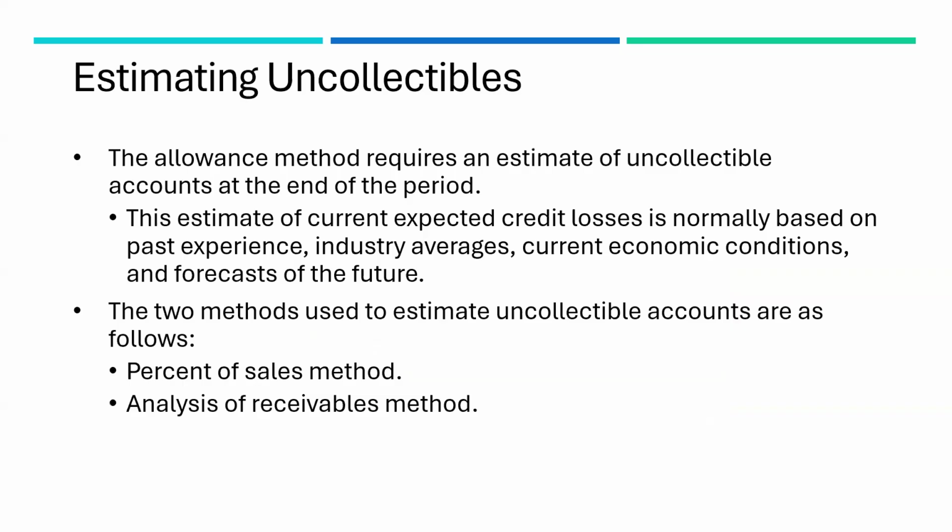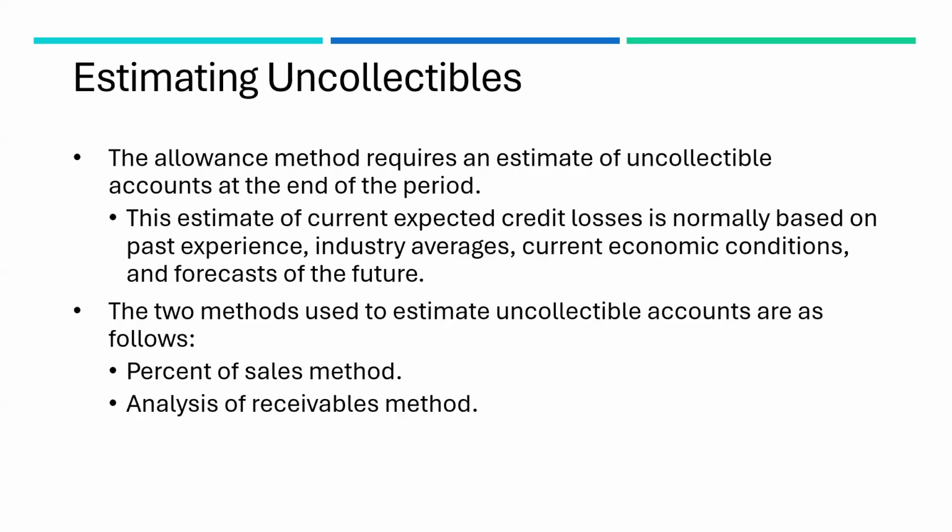And there's two methods that we can use to estimate the uncollectible accounts. That's the percentage of sales method and the analysis of receivables method. But both of these methods use underlying assumptions created by the business to estimate the current expected credit losses based on past experience, industry averages, current economic conditions, and forecasts of the future.